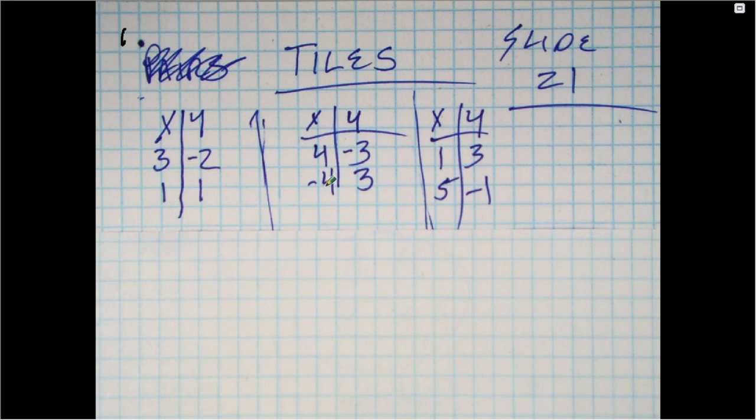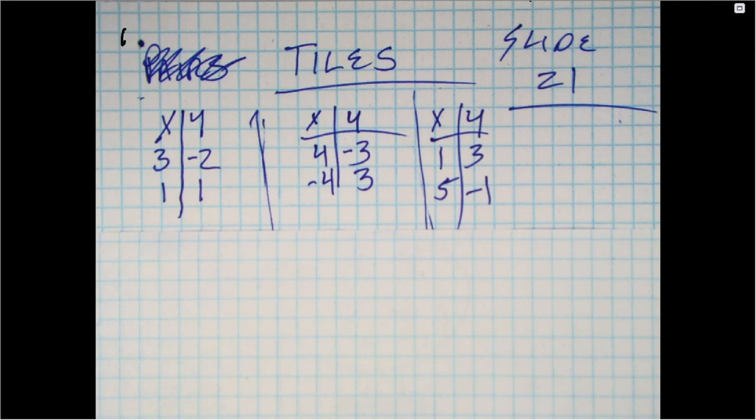X2 is -4, Y2 is 3. On this table, X1 is 1, Y1 is 3, X2 is 5, Y2 is -1.